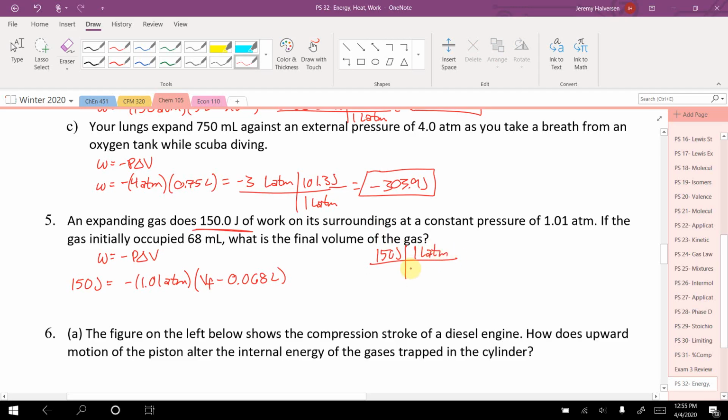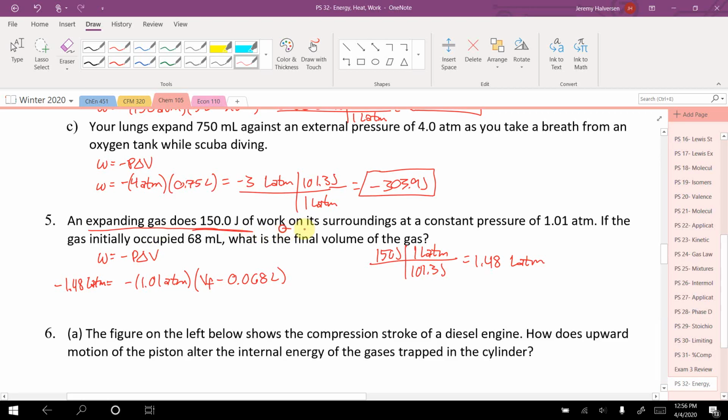1 liter atmosphere is 101.3 joules. That gives me 1.48 liter atmospheres. Okay, so I can replace this 150 joules with 1.48 liter atmospheres. We still have a problem because it says the expanding gas does the work. If the expanding gas does the work, that work is negative. If the system does the work, it's negative. If the surroundings does the work, it's positive.